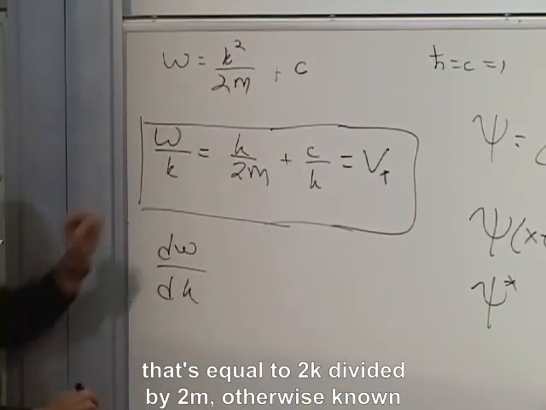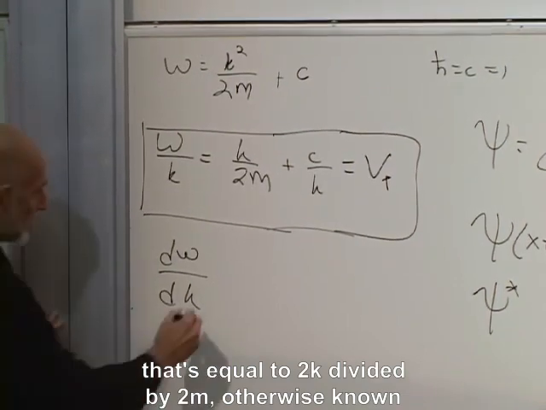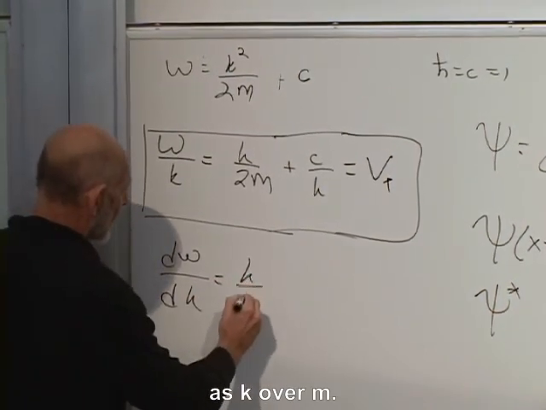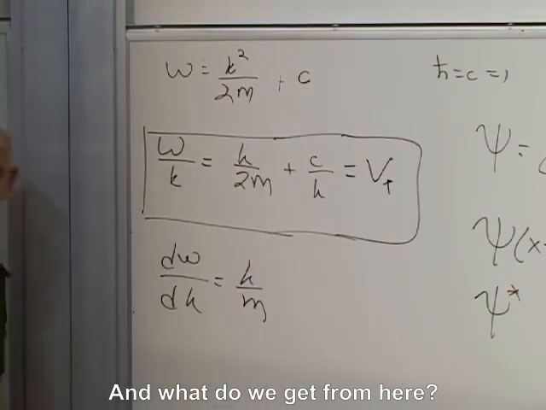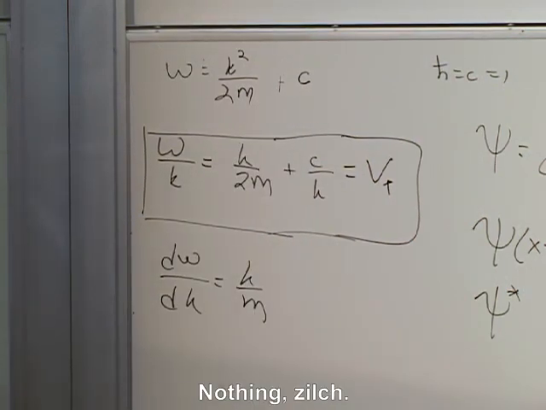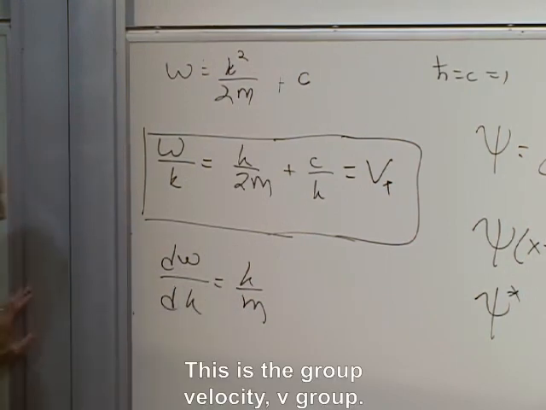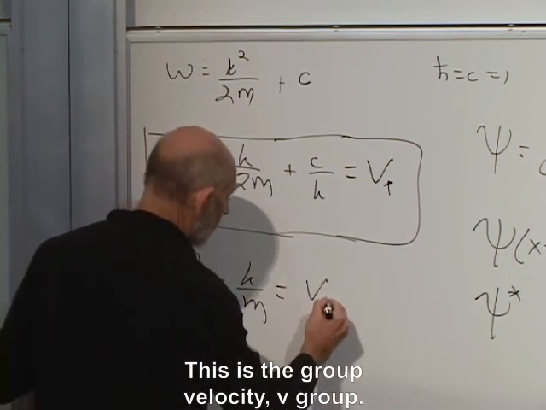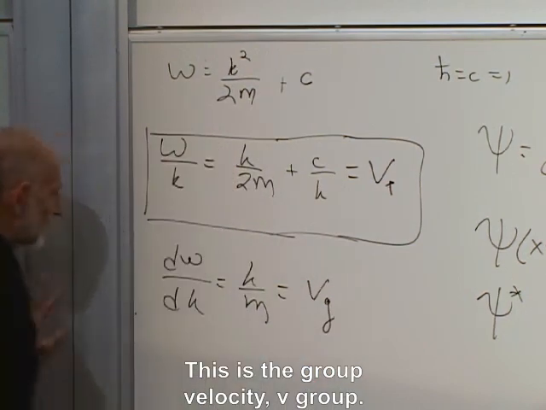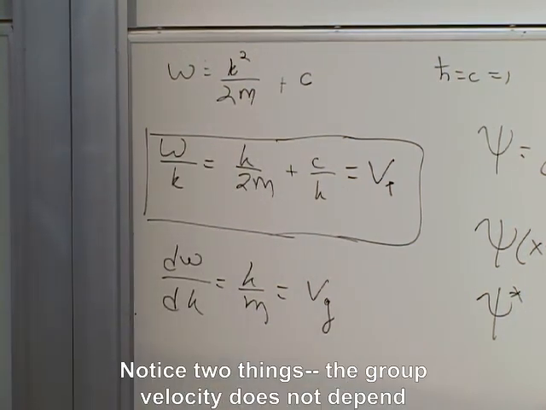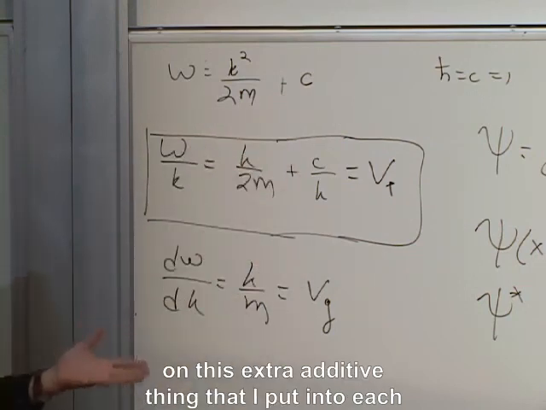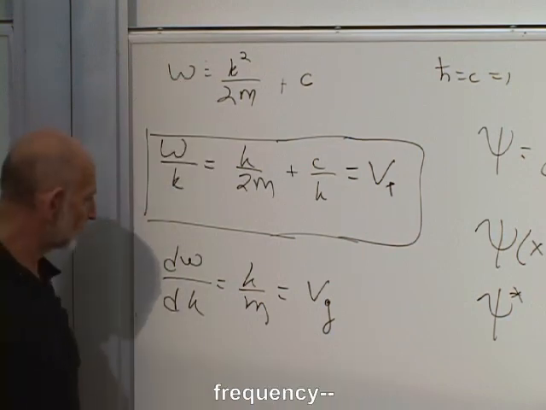That's equal to 2k divided by 2m, otherwise known as k over m. And what do we get from the constant? Nothing. Zilch. This is the group velocity, v group. Notice two things. The group velocity does not depend on the extra additive constant I put into each frequency.